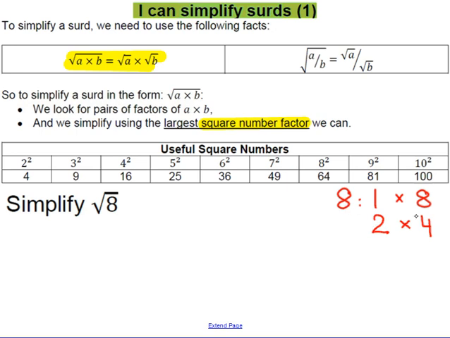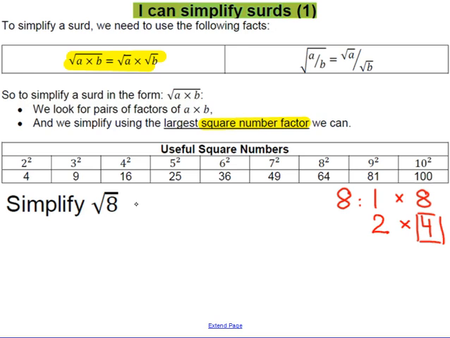I then come to the 4 times table, and I've already used that, so I'm confident that I've got all the factors of 8 in place. Now what I want to do is look through these square numbers, and see which ones appear in the factors of 8. And the only one that appears there is 4. So we're going to use that to simplify the square root of 8.